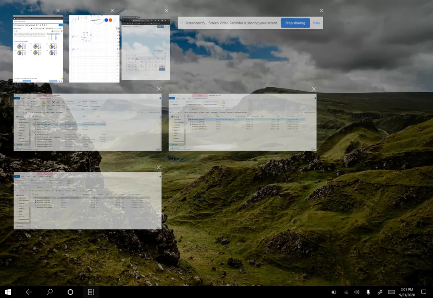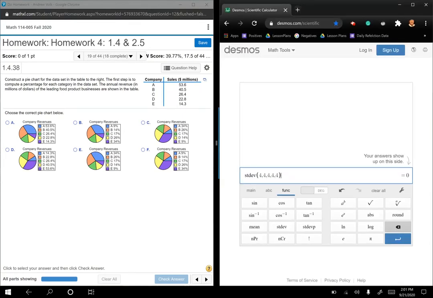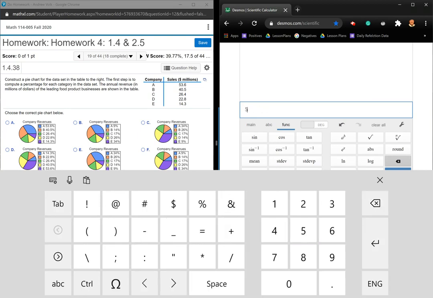Pull up my calculator. I'm going to go ahead and type in the 53.6. And then on the bottom, I have to include 53.6 in my total. I'm keeping all this in the bottom.